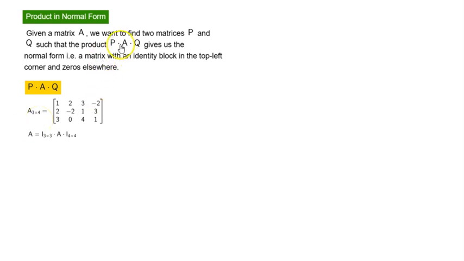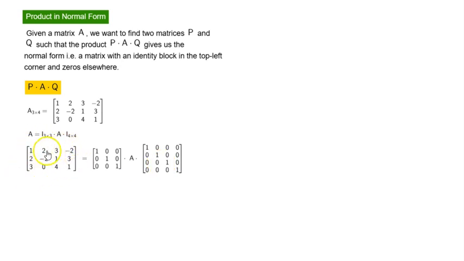Now we want PAQ, which gives us the normal form. So to begin with, we take A is equal to I sub 3 by 3 times A times I sub 4 by 4. Expanding it, we get the A matrix equal to identity times A times the identity.